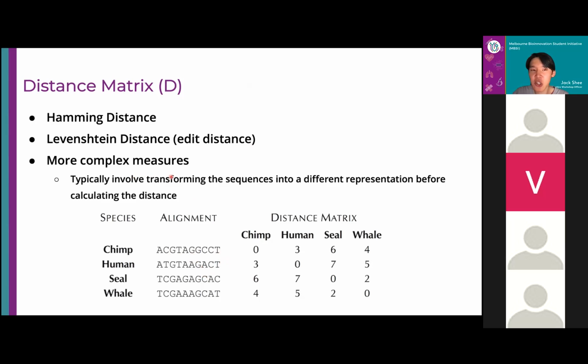The other complex measures typically involve transforming these sequences into a different representation, often a sparser or a more compressed representation before calculating the distance. And basically all these distance types capture different information and preserve different information.